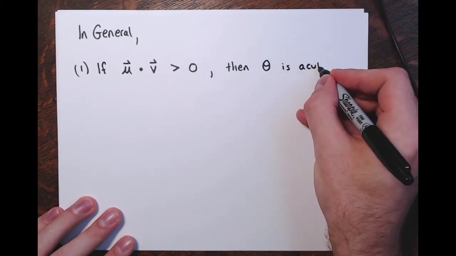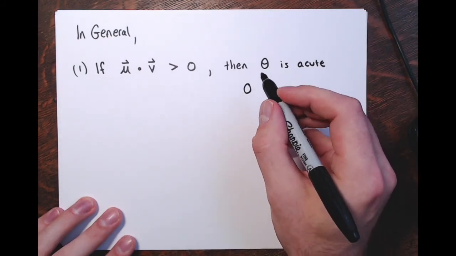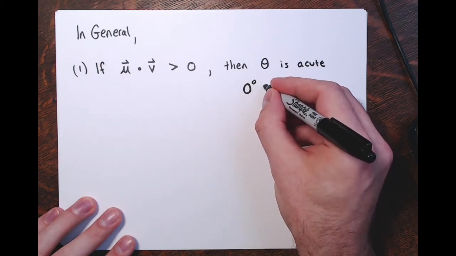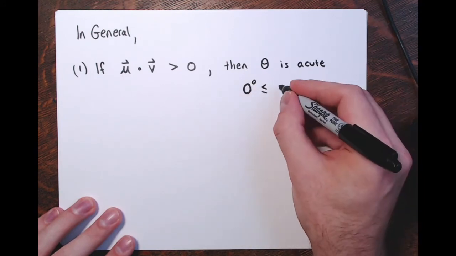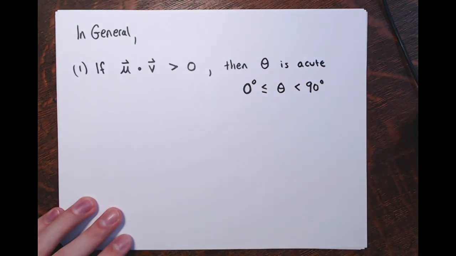It will be acute, meaning that it's between, maybe including 0, but less than 90. Okay.